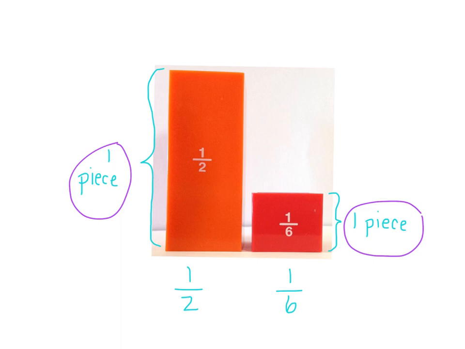And when my denominators are different, I have to think about the size of the piece. Larger denominator, smaller piece. Smaller denominator, larger piece. So you can tell from the picture that 1/2 is greater than 1/6, even though 6 is a larger number when we think about whole numbers. Pac-Man wants to eat 1/2.